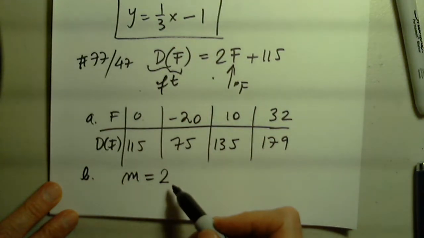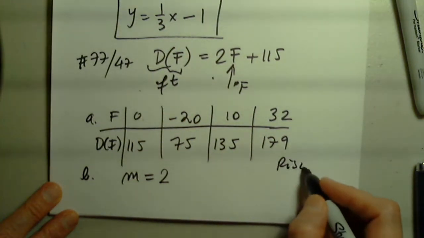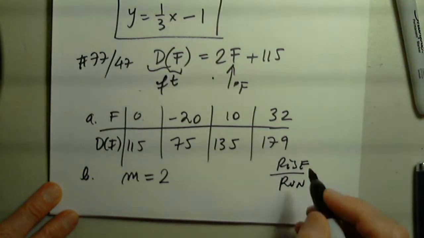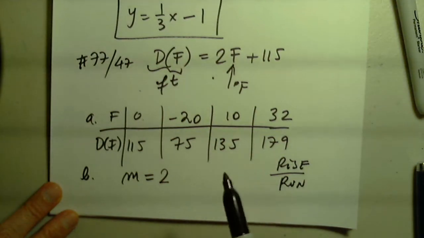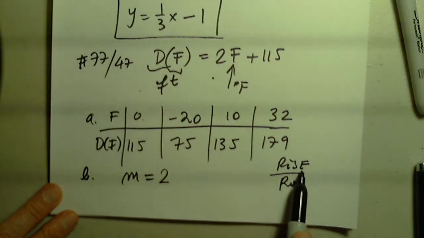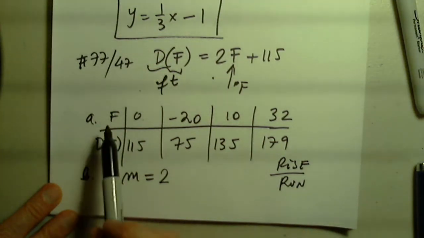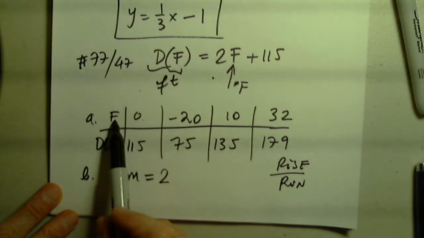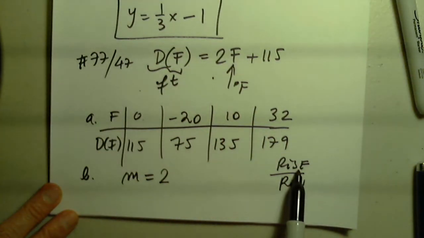Fahrenheit? But it's the rise over run. What is the measurement unit for the rise? Degrees Fahrenheit. But this is the x value. I'm talking about the rise.